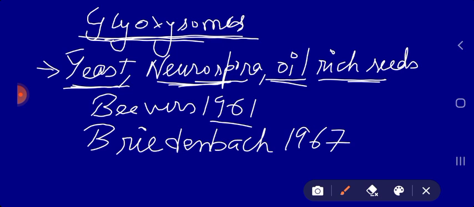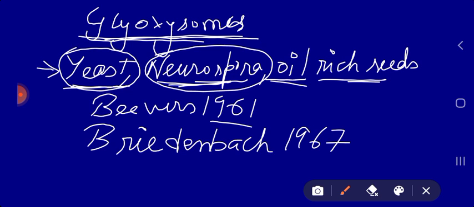Well, we can also find them in yeast and in neurospora, right? And these glyoxysomes contain the enzymes for the glyoxylate pathway. That's where the name comes from.